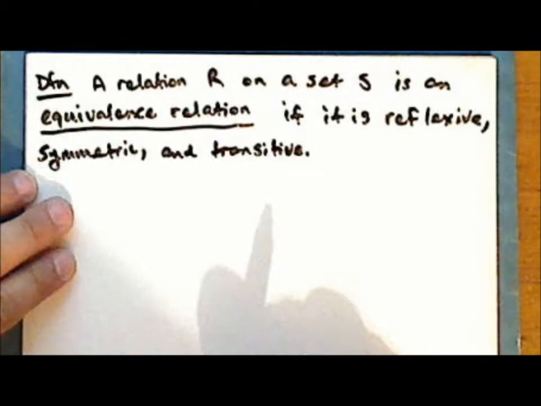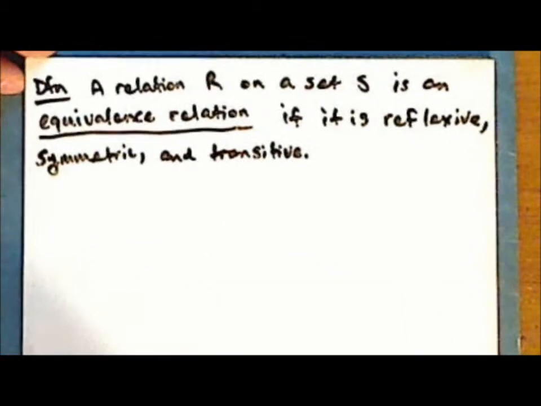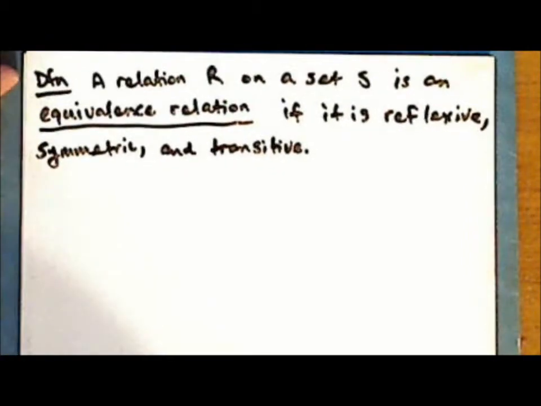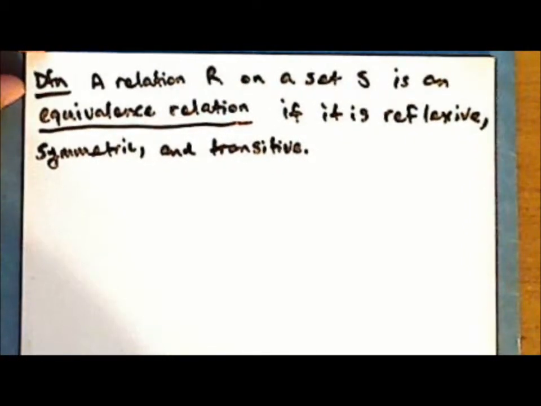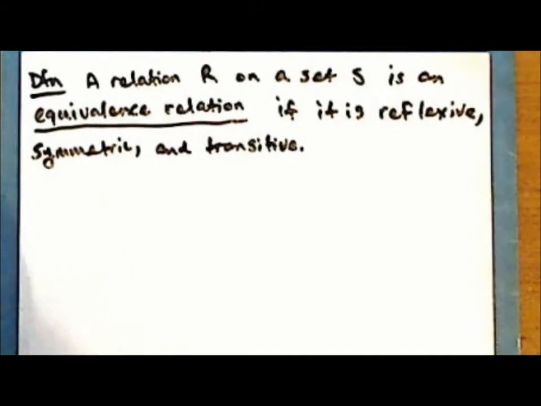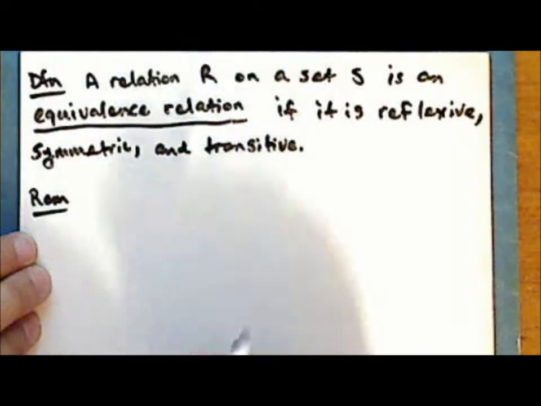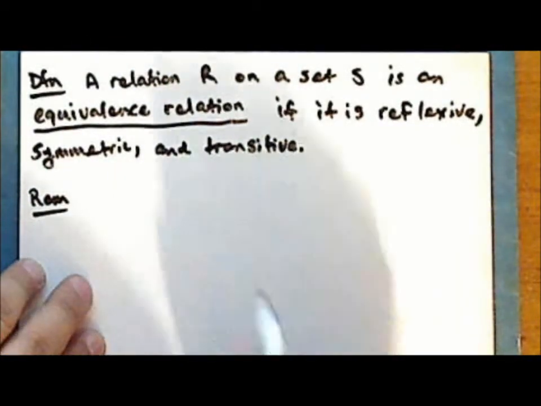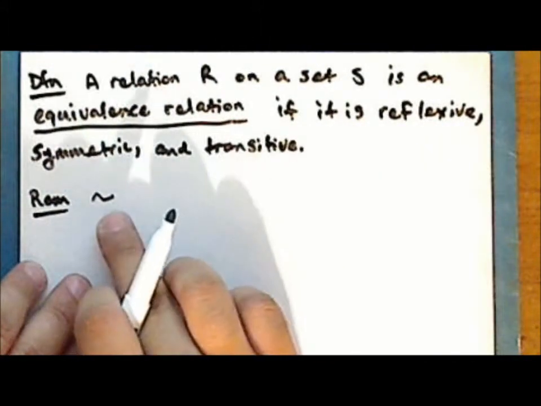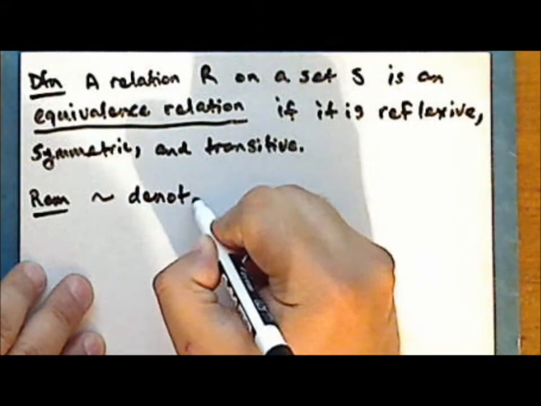So notice that the property that distinguishes an equivalence relation from a partial ordering is the property of symmetry. A partial ordering is anti-symmetric, but an equivalence relation is symmetric. All right? Now, the most often used symbol to denote an equivalence relation is the symbol for similarity. So be aware that the symbol for similarity denotes an equivalence relation.